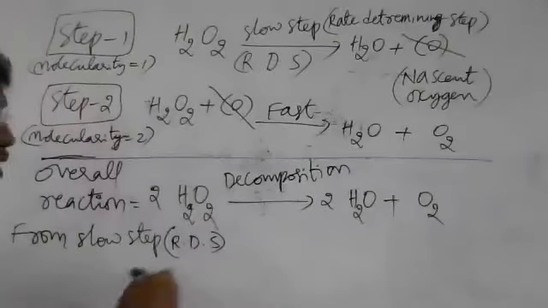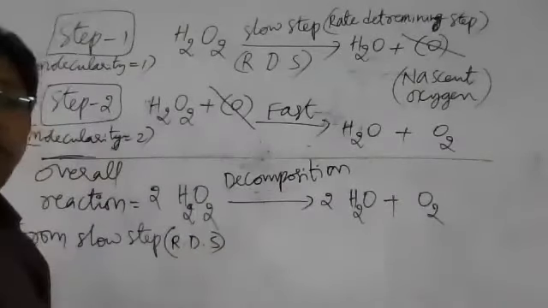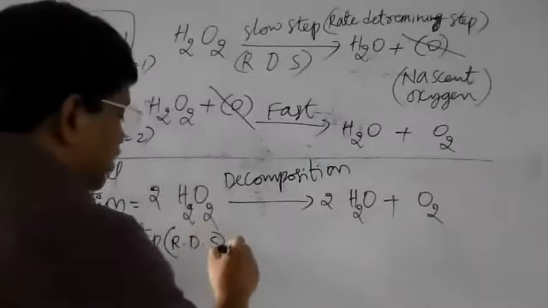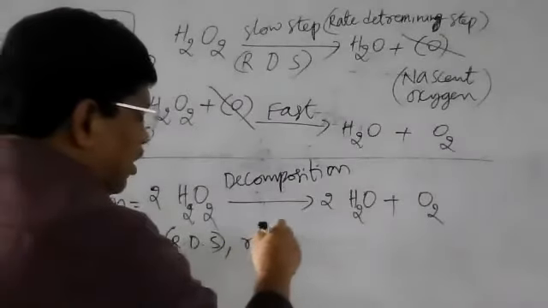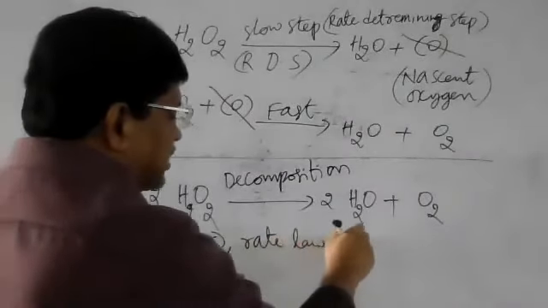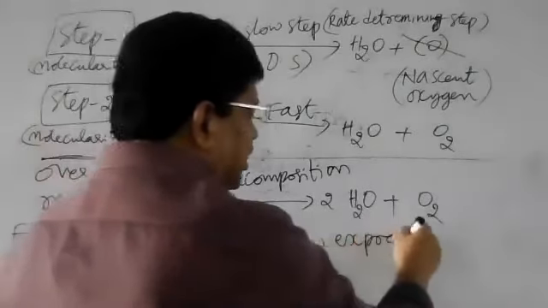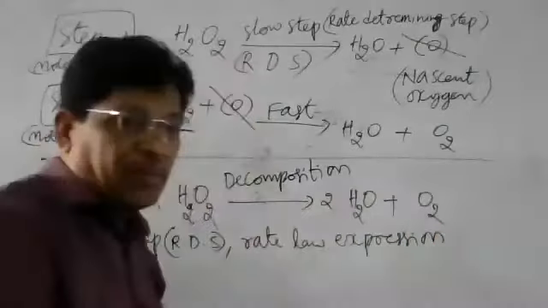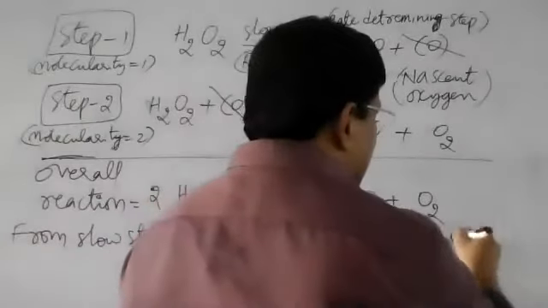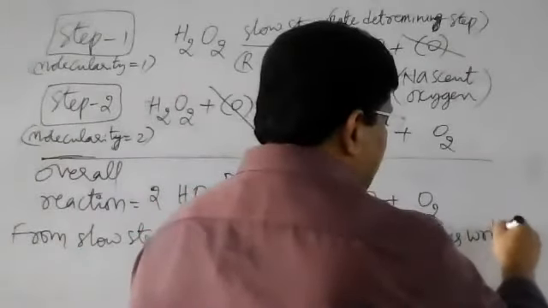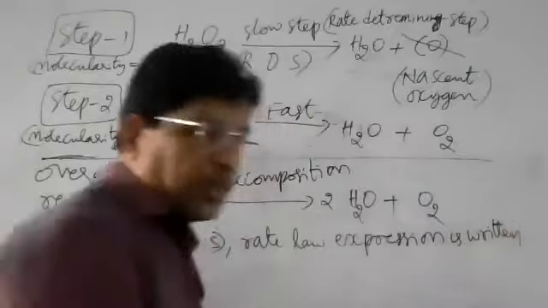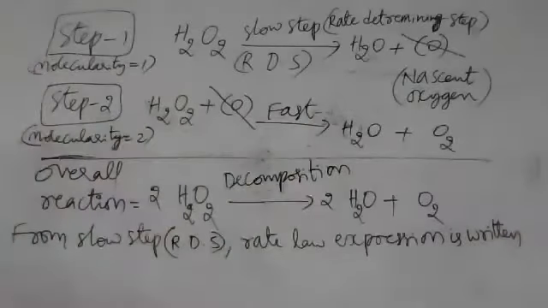From slow step, what can we write? We can write order of reaction. From slow step, rate law expression is written. So the rate law equation is written from slow step.